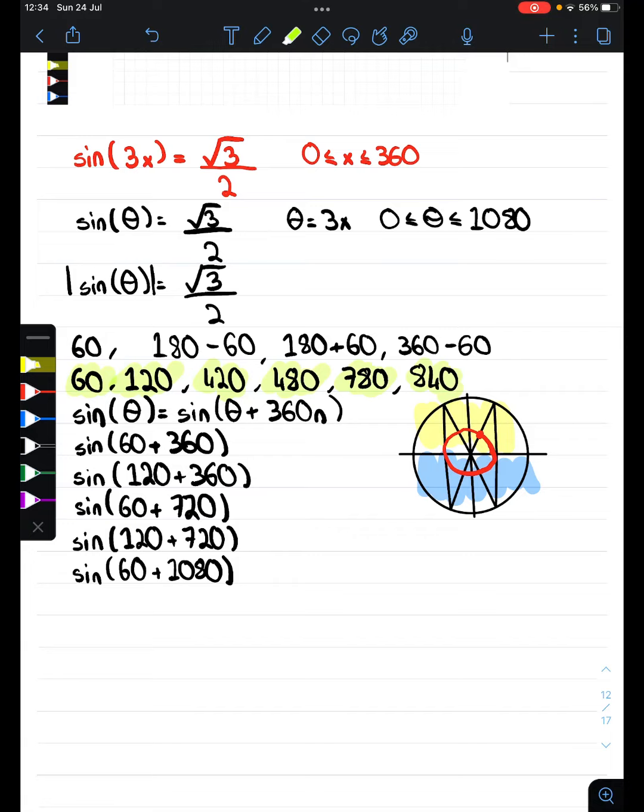Sine of all these will give us square root 3 over 2. But this is for theta. So sine of theta equals square root 3 over 2 for these values.